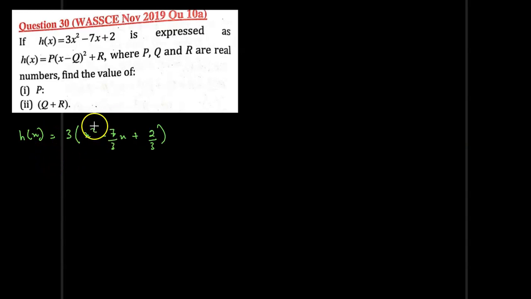Then we are going to make the x squared minus 7 on 3 x a perfect square. So that will give us a square bracket x squared minus 7 on 3 x. Half of negative 7 on 3 is going to give us negative 7 on 6. Then we square it. Then we add it and subtract.